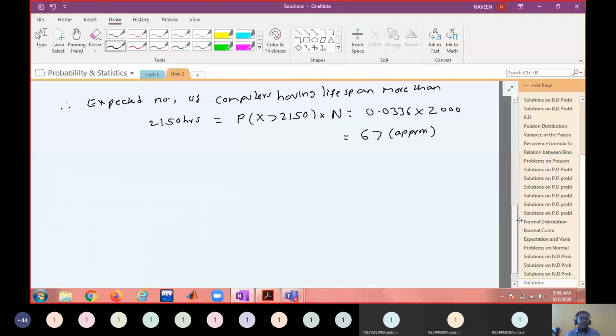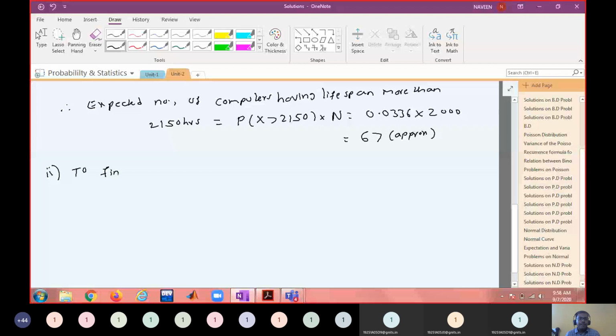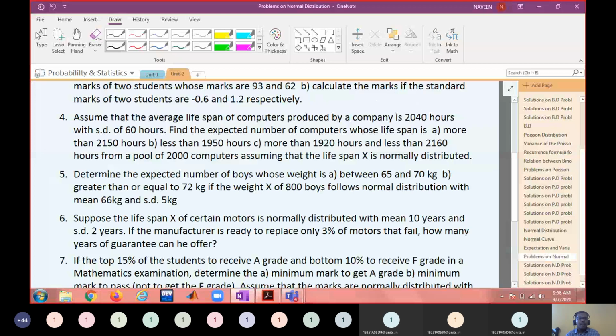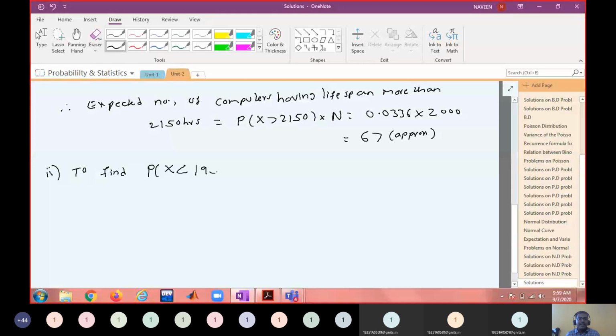In a similar manner, you find the remaining probabilities. What was the second problem? To find the probability that the lifespan is less than 1950, so x less than 1950.